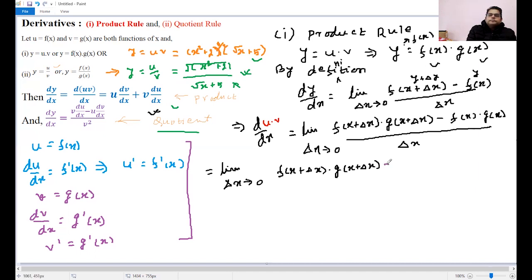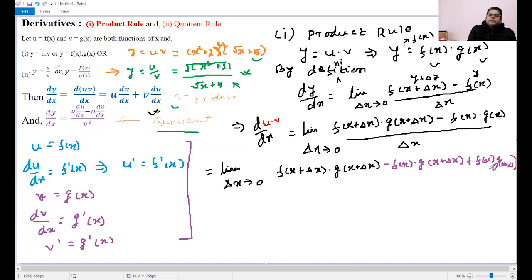One new term I'm going to introduce here is minus f(x) times g(x plus delta x). And since I have put in this extra term, I have to balance it by the same thing, so plus f(x) times g(x plus delta x).